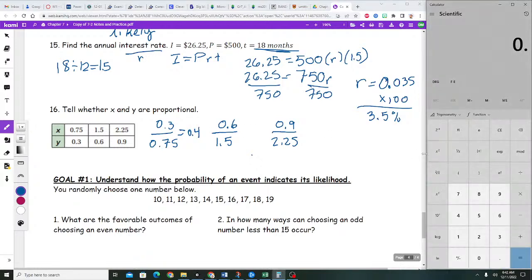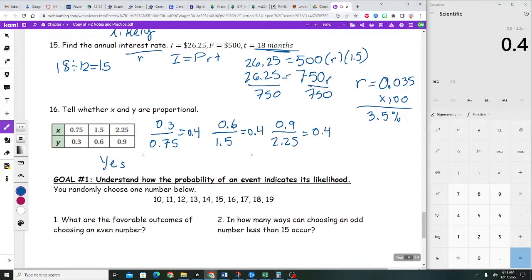Over here, 0.6 divided by 1.5. Hey, that gives me 0.4. So far, this is looking like these are proportional. One more number, 0.9 divided by 2.25. And that's 0.4. So since these are all the same, yes, this is proportional.